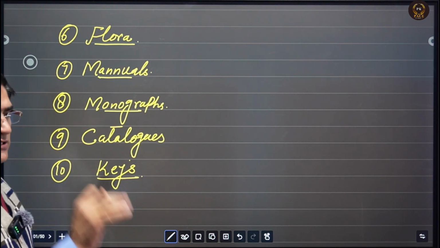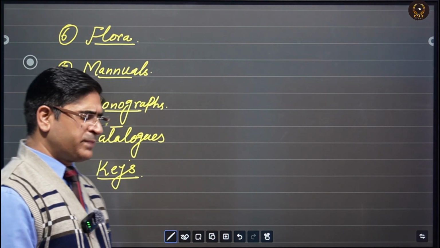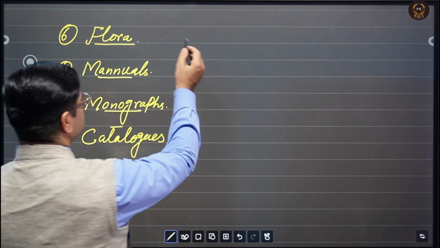These are other types of taxonomical tools. Now I will take you through this.